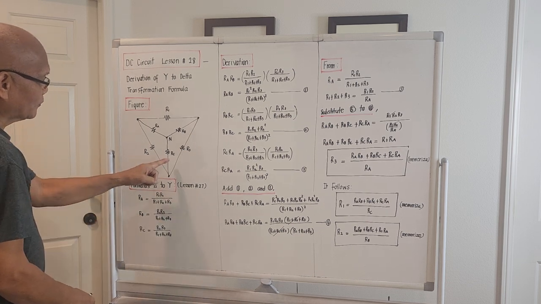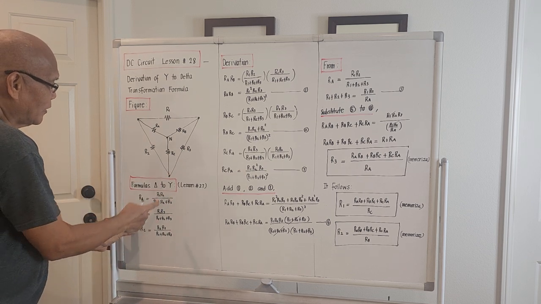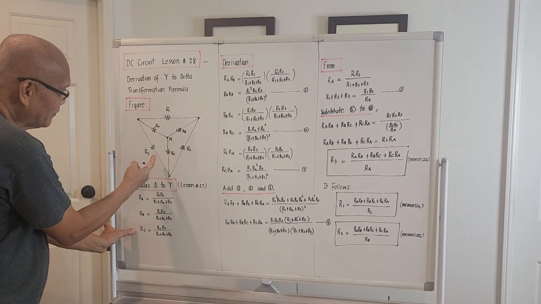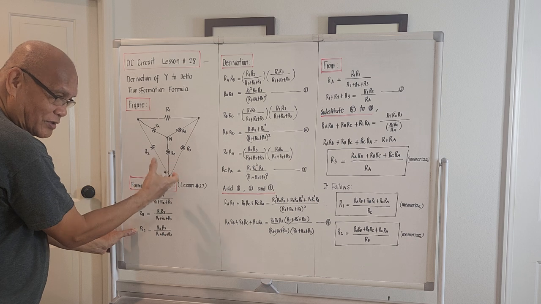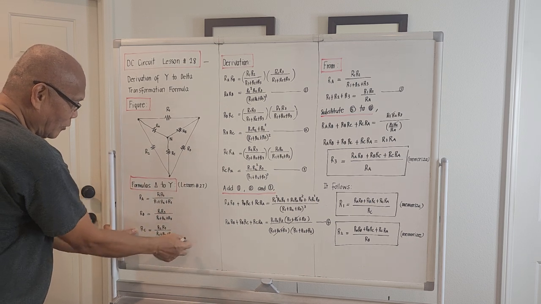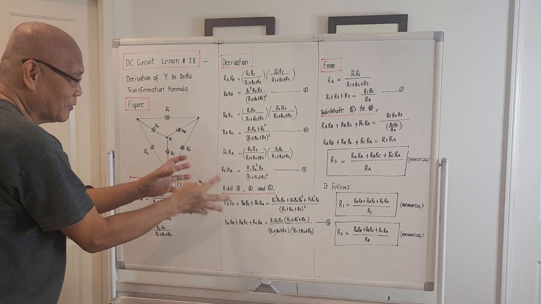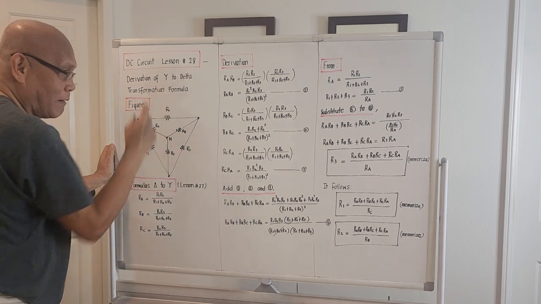If we try to compute for R sub C, because this is delta to Y, the resistances adjacent to R sub C are actually R2 and R3. So this is R2, R3 all over the summation. We needed these formulas in the derivation from Y to delta.